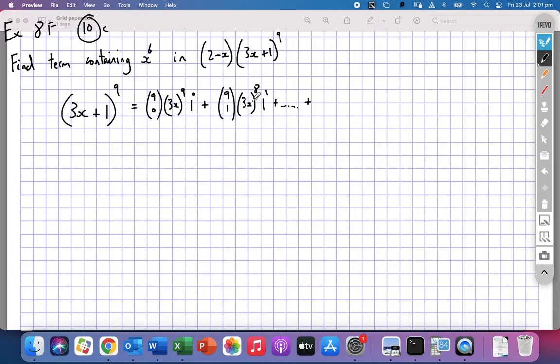Let's go down to where the power would be 6 and where the power would be 5. So I'm skipping the next term because I can't be bothered writing it out and I might not have enough room.